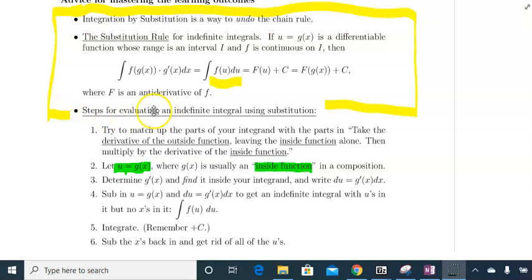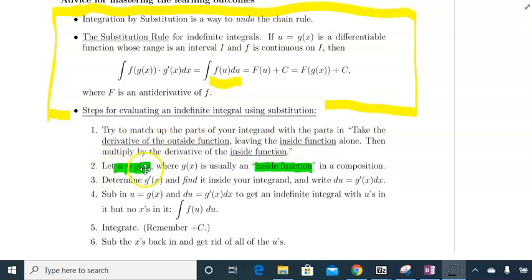Steps for evaluating an indefinite integral using substitution. 1. Try to match up the parts of your integrand with the parts in the chain rule: take the derivative of the outside function, leaving the inside function alone, and then multiply by the derivative of the inside function. 2.